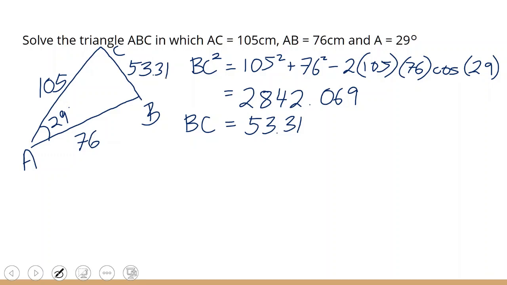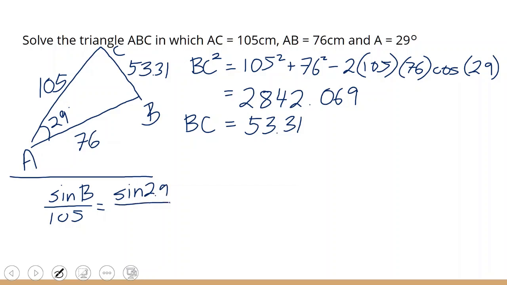which then means I need to find the missing angles. So I'm going to jump back into sine rule now to help me find these missing angles. So firstly, sine of angle B over the opposite length, which is 105, would be equal to sine of 29 over 53.31.